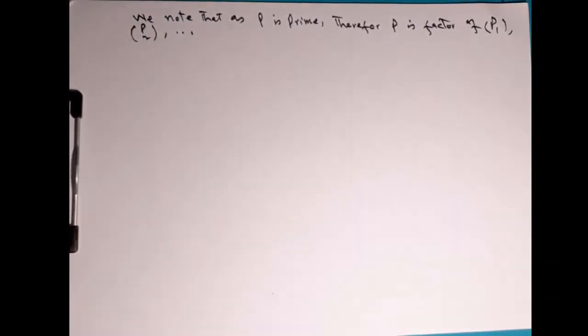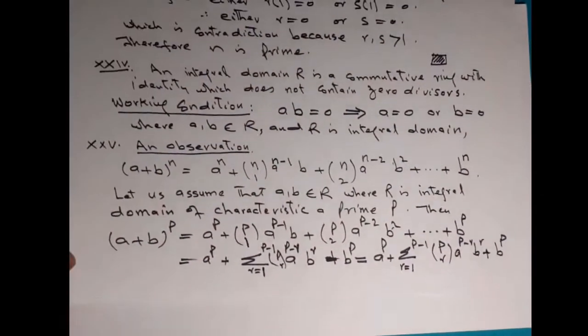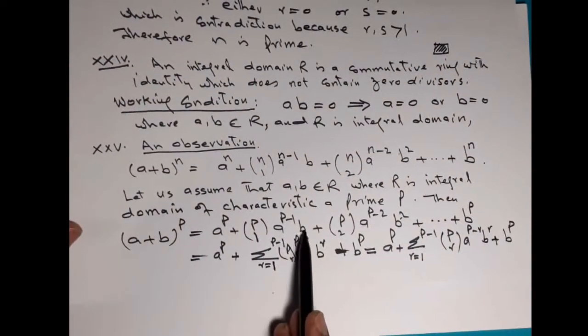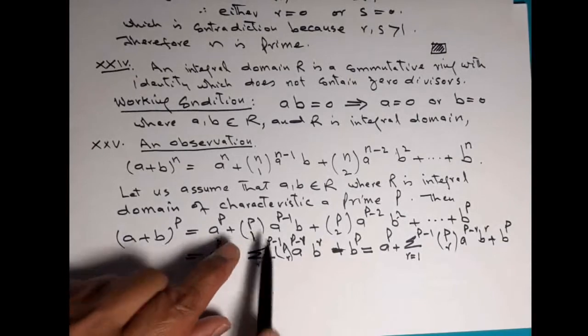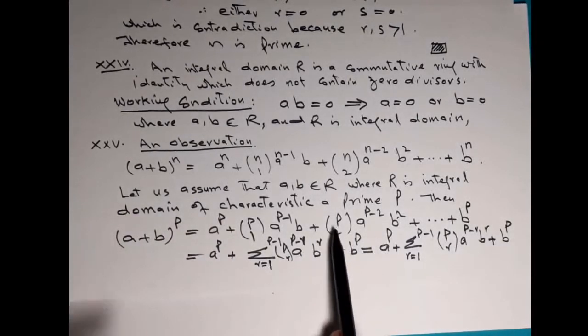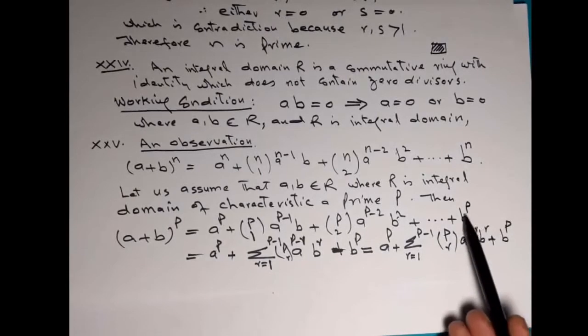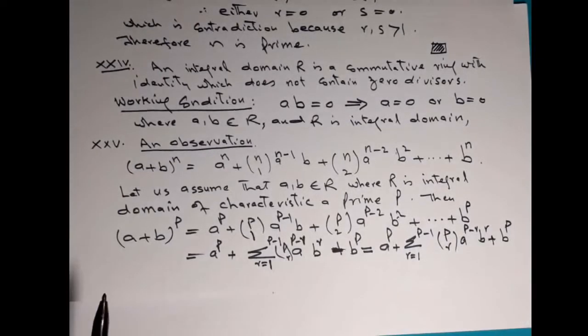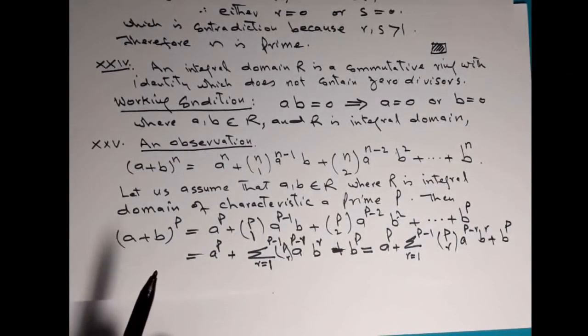So what does this mean? When you simplify it, its simplification will contain P, until b raised to P minus 1. All the terms before this particular term contain P as a factor.